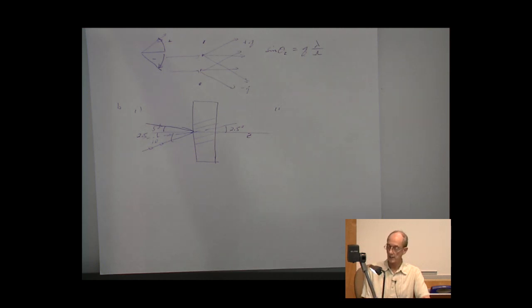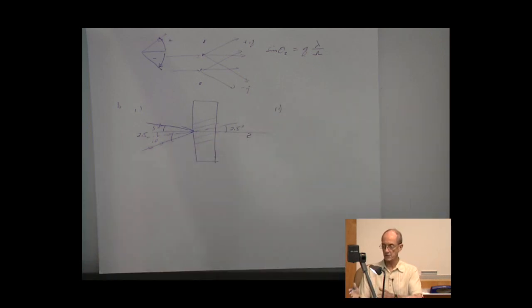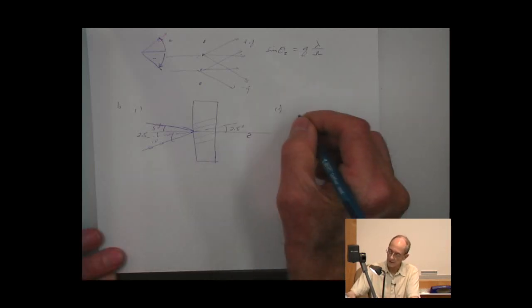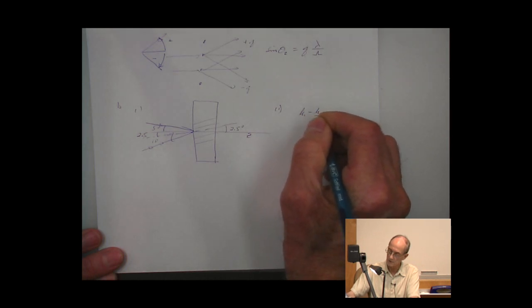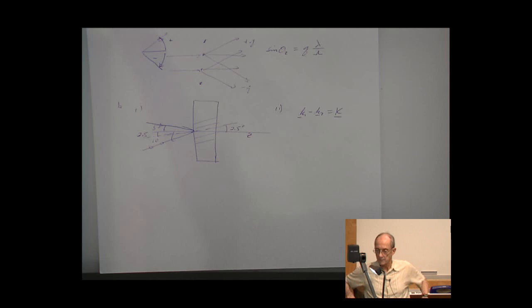Okay, so you can get the direction in two different ways. One is through solving the k-vector closure relation that we may have. So here we would have K1 minus K2 equals K, and we'll do that to get the period. But you should at least be able to get the direction of that K vector.